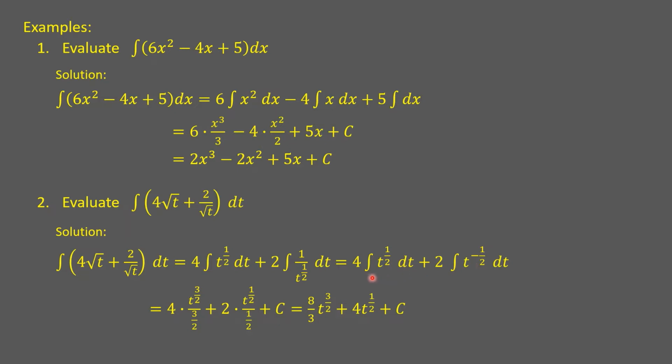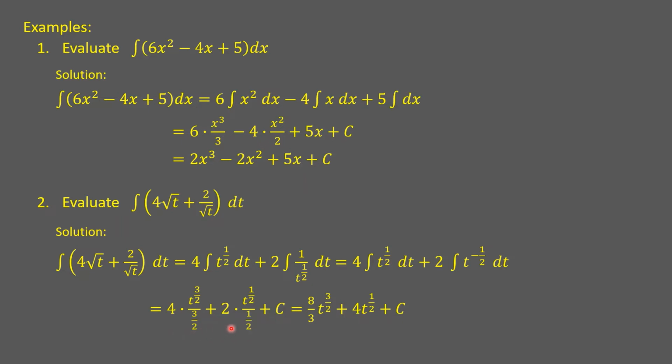Hence, for the integral of t to the 1/2 dt, we will have t to the 3/2 divided by 3/2, again using the power rule. And for the integral of t to the -1/2 dt, we will have t to the 1/2. The 1/2 is from -1/2 plus 1. So the exponent will now be 1/2, and we need to divide this expression by the exponent 1/2.